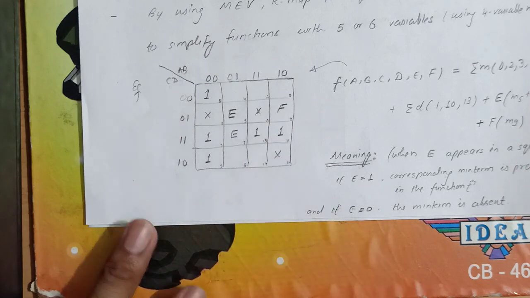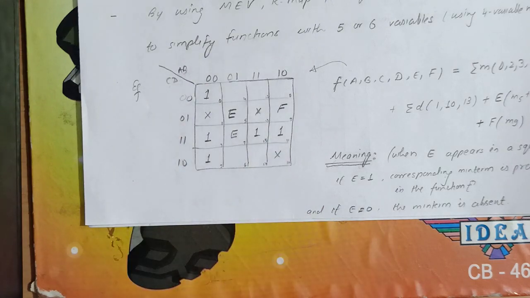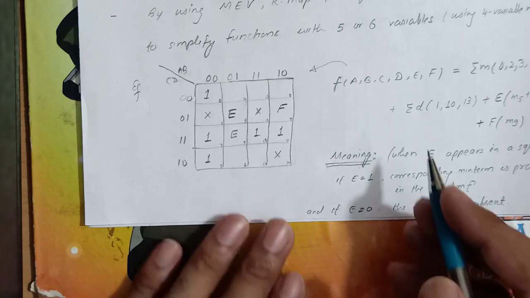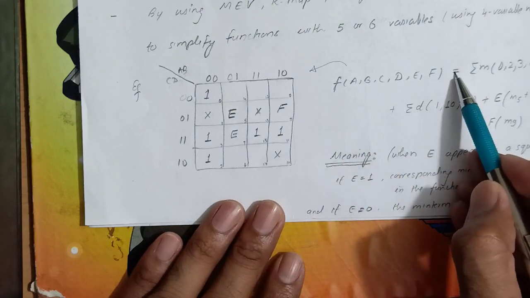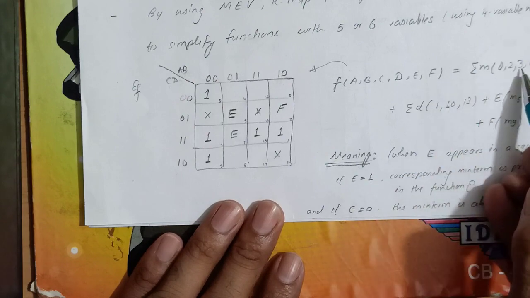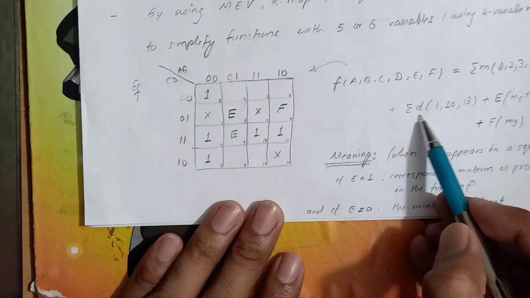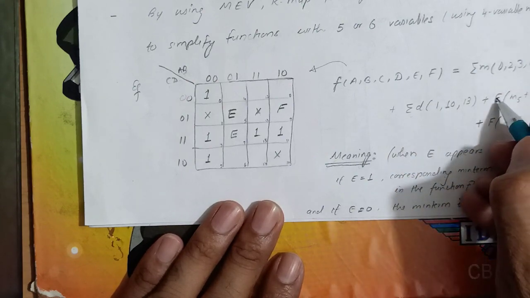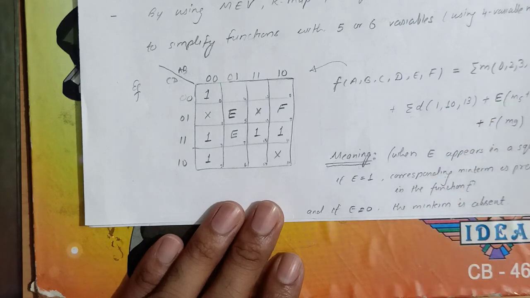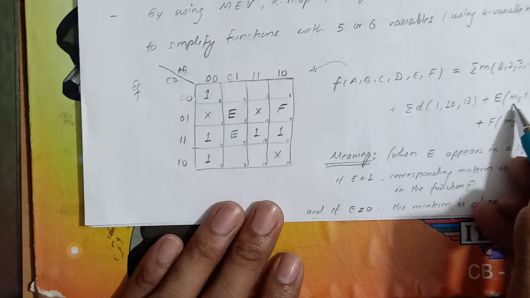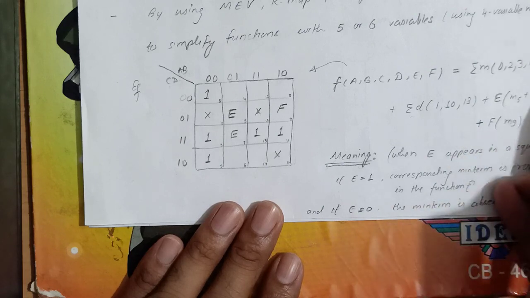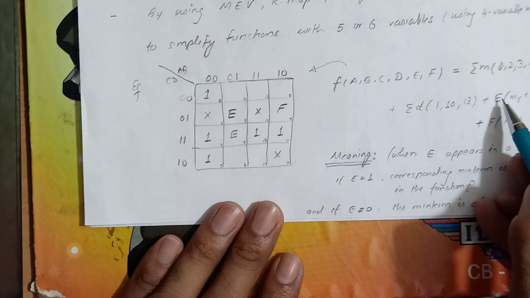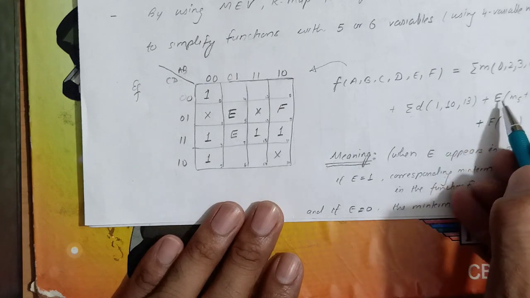This is the basic meaning of the variable entered map. Okay, so generally the function will be written like this. These are the minterms, these are the don't care conditions, and this variable e is present. If it is 1, then these minterms are present, and these minterms will be absent if e is 0, because this is a Boolean variable.